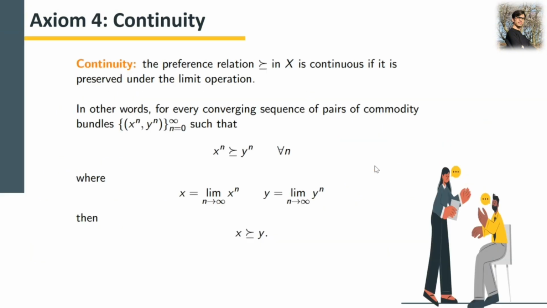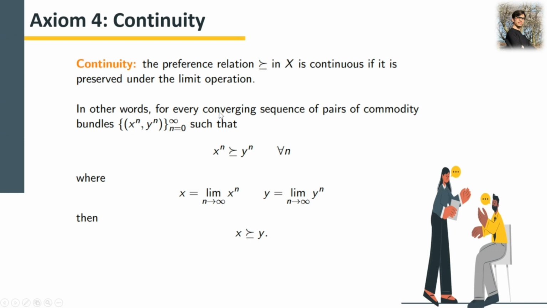The fourth axiom is continuity. This axiom says that the preference relation on X is continuous if it is preserved under the limit operation.